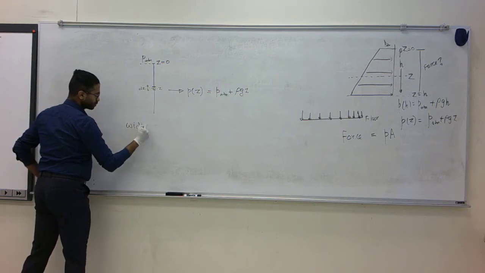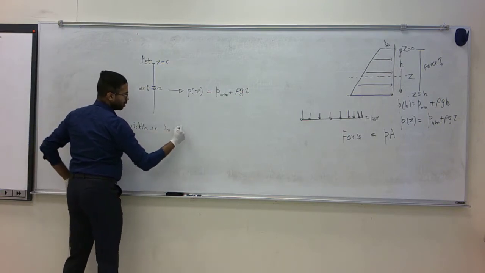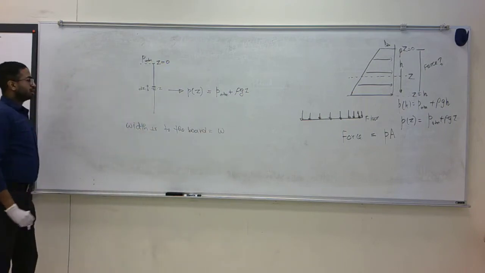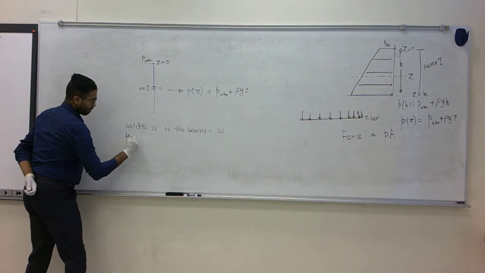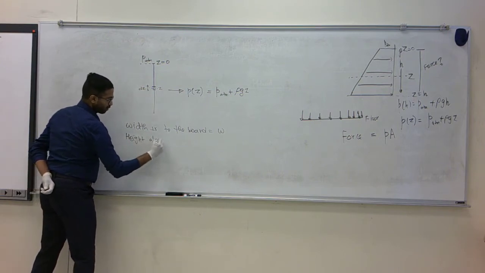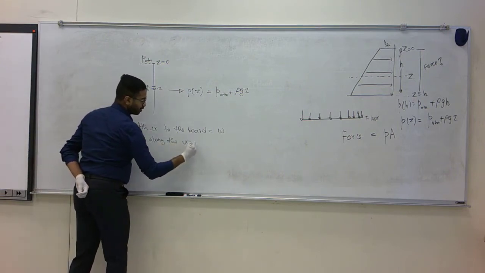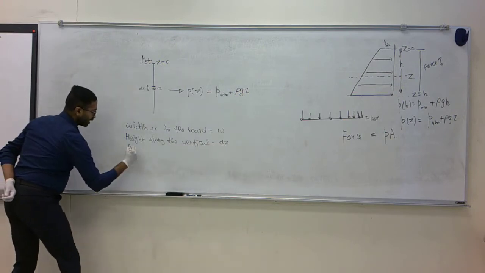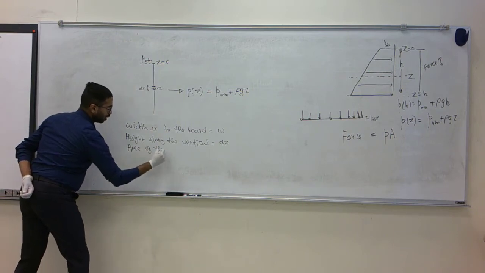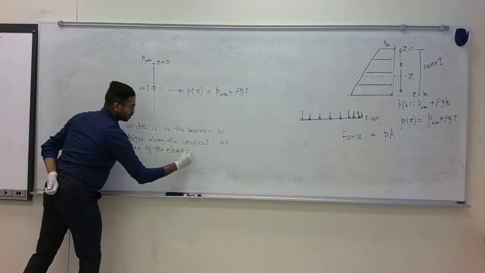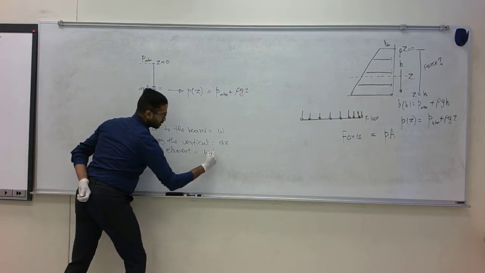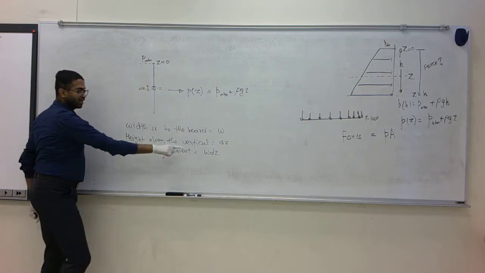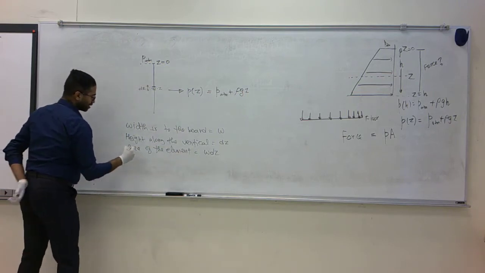Width perpendicular to the board is w, and height along the vertical is dz. So the area of the element is w times dz.